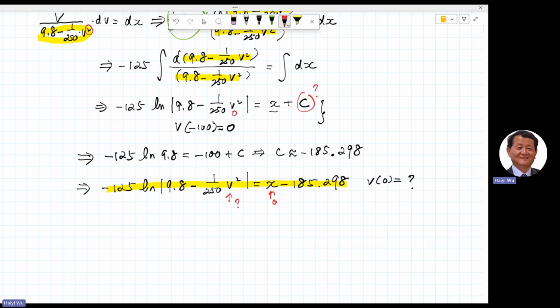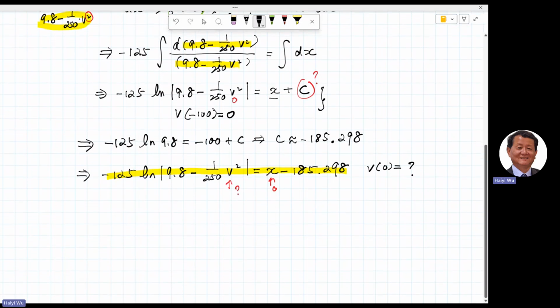Then substitute. On the left-hand side, 9.8 minus 1 over 250 v squared, we don't know what v is, equal to negative 185.9298.